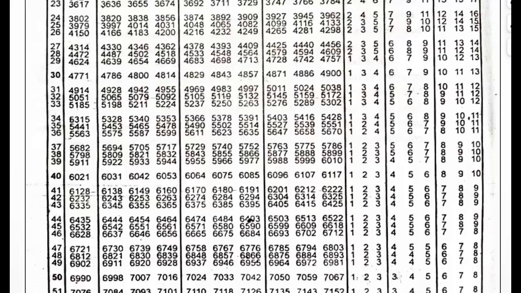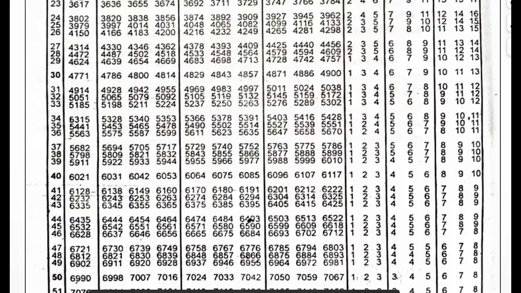So 45 under 6 is 6590. Then difference of 3: 1, 2, 3. Difference of 3 is just 3.